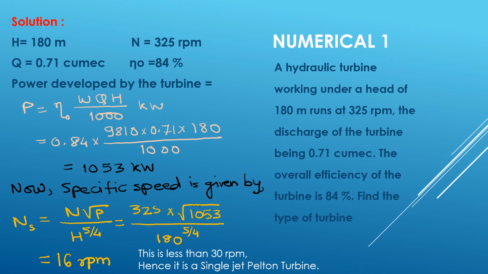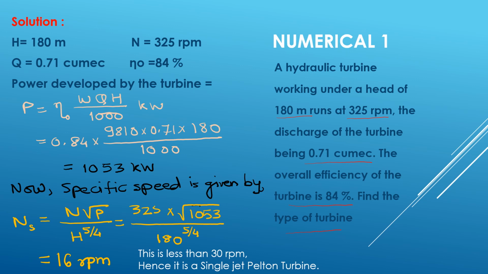So, based on the specific speed, in this numerical we are going to find out the type of turbine. The given data is a hydraulic turbine working under a head of 180 meters, running at 325 rpm, and the discharge being 0.71 cubic meters per second. The overall efficiency of the turbine is 84%.